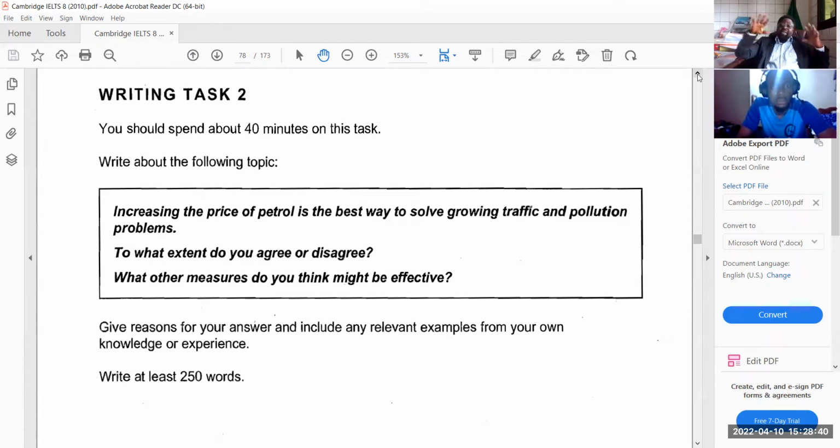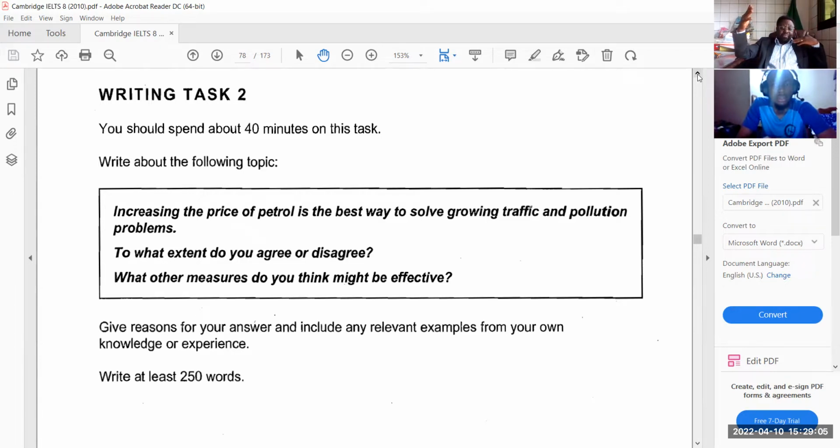The first one is that they have presented two views. They want you to present two views and to give your position. Are you seeing it? But this one, they ask you directly to agree, and to which extent?